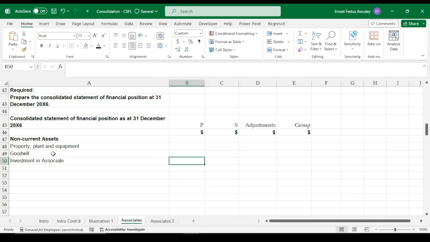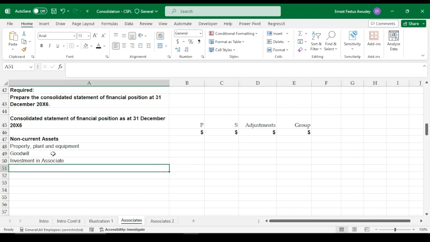So this is how we present investment in associates. Whenever there is an associate, we present it. So what you are saying is that we do not consolidate the associate figures in the consolidated financial statements. Rather, we only have a single line item within both the statement of financial position and the statement of profit or loss accounts. All right. So that is what we have here.